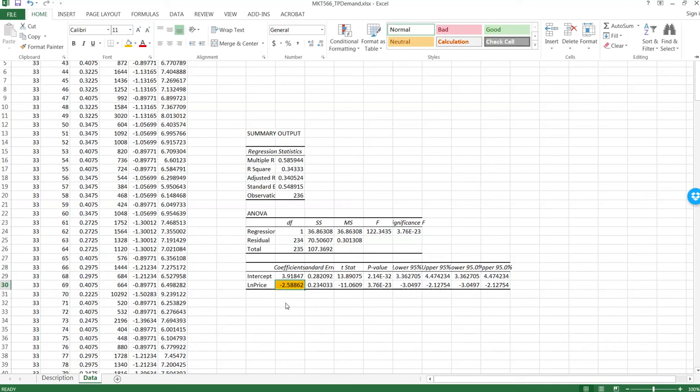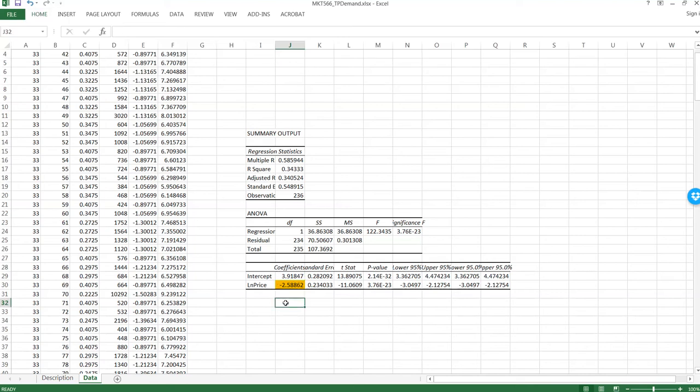And as we learned in class, the coefficient is the elasticity for the entire demand curve because it's a log-log form. With this, we can compute the optimal price for a firm facing such a demand curve.